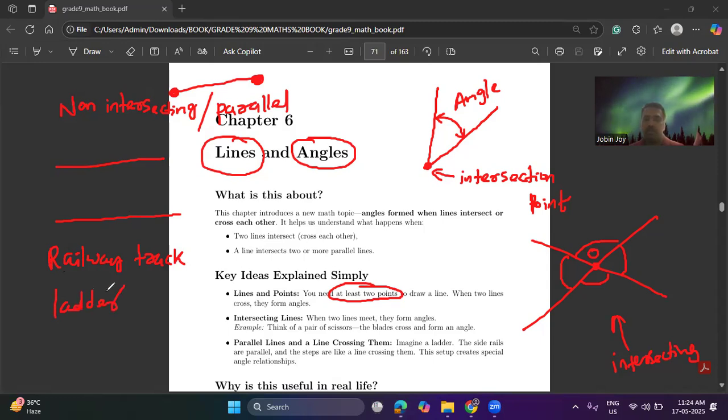Again, parallel lines. The ladder will be like this, right? So these two lines are parallel, and these are the side rails. These side rails are also parallel, and these two lines are also parallel. This is called non-intersecting or parallel lines.